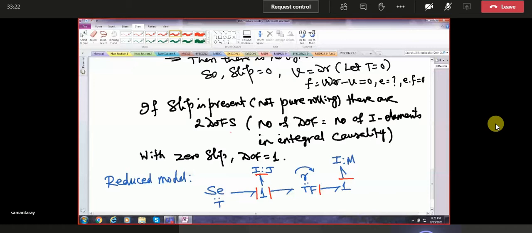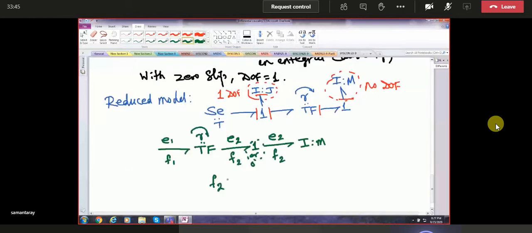Let this be E1 F1, this is E2 F2. This can be removed, so this is not a problem. Whatever the causality, it doesn't matter. For this, we can always write F2 equal to R times F1.